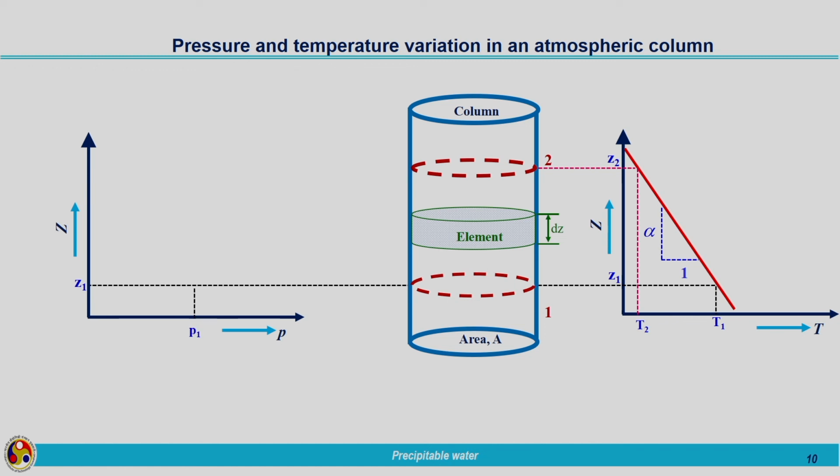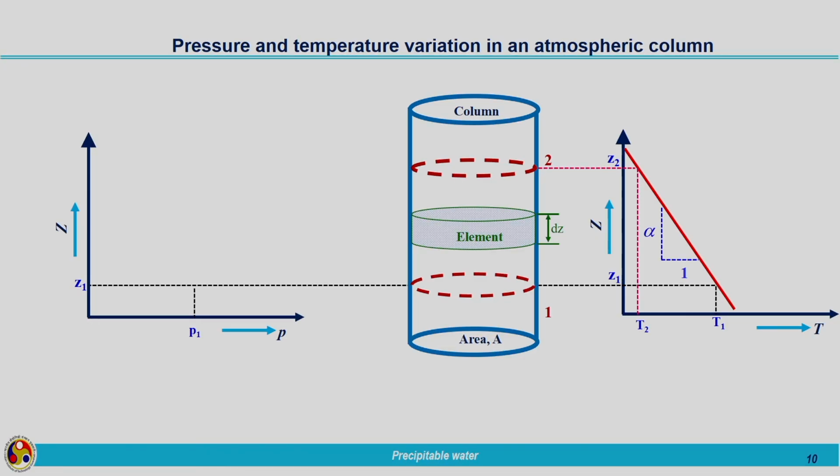And in this case also, you should keep in mind that at Z1 the pressure is more compared to the pressure at Z2 at section 2, that is P2. But the relationship is not linear as in the case of temperature. So, for section 2, we have Z2 and the corresponding pressure is lesser than P1. So, let me take this point as P2. It is not to scale, but for getting an idea about the figure, I have plotted P2 here.